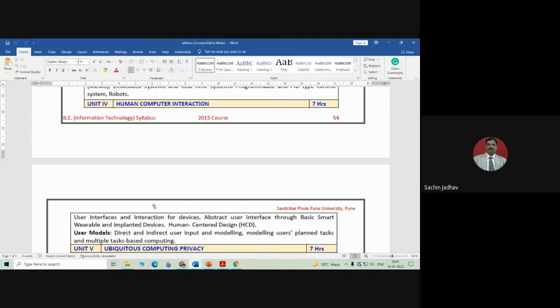Many times the controls should not drive the users, or the system should not drive the users, but users should drive that particular system. So that kind of control nature we have to provide, and for that purpose we have to understand different kinds of user models, user input models, and user output models. We will discuss in detail. Then there is modeling users' planned tasks, and multiple task-based computing needs to be understood.